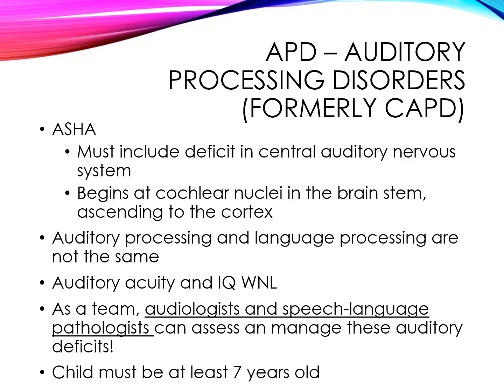So to receive a diagnosis of auditory processing, auditory and hearing acuity and IQ are within normal limits. Assessment of the auditory nervous system is conducted by an audiologist. This is why an auditory processing disorder has to be diagnosed by the audiologist.